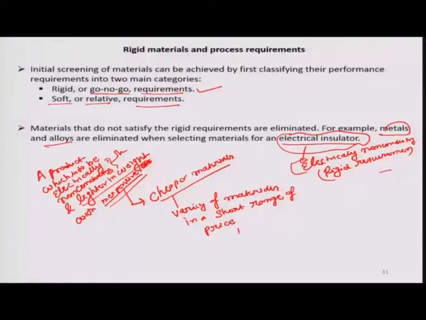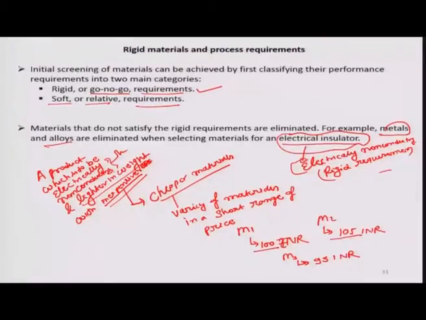Suppose that material M1 has a cost of 100 rupees, M2 has a cost of 105 rupees, and the cost of M3 is 95 INR.